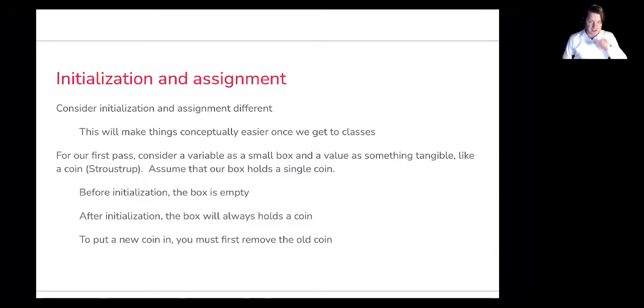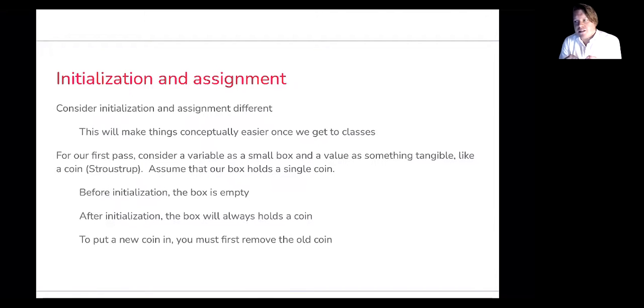But for our first pass, let's consider a variable as a small box, and a value is something tangible like a coin, and assume that our box can hold a single coin. Before initialization, that box is empty. We pull it off the shelf, and during initialization, we can put a coin in it. And then from that point forward, the box is always going to contain a coin.